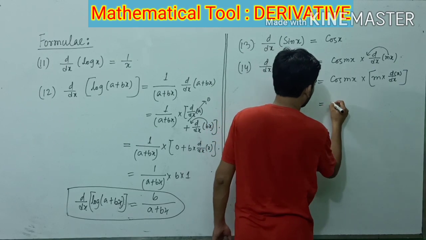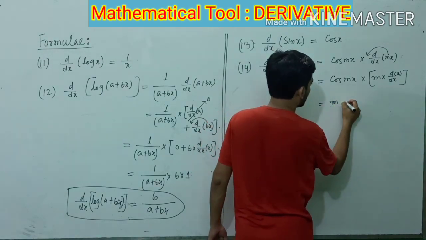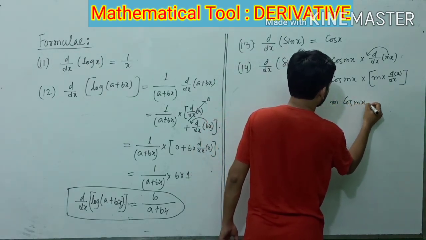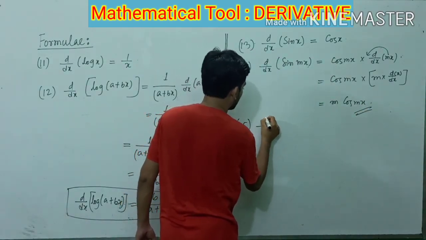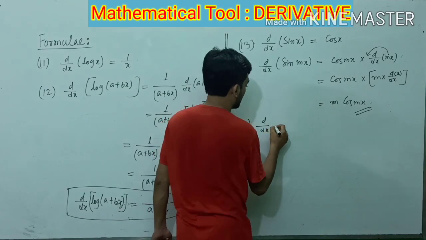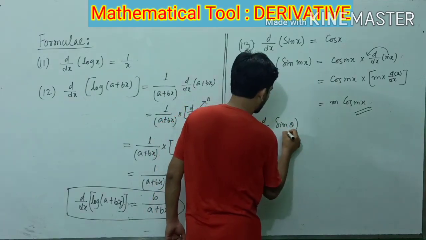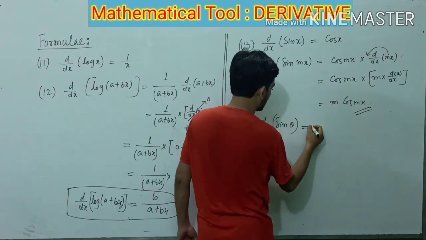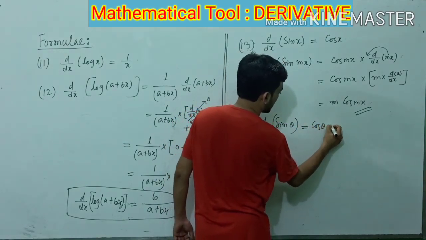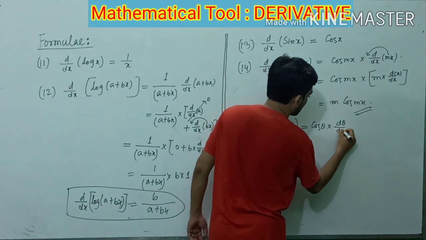So the final expression is m into cos mx. Number 15, d/dx of sin theta, x and theta both are different variables. For this we will get cos theta multiplied by d theta by dx.